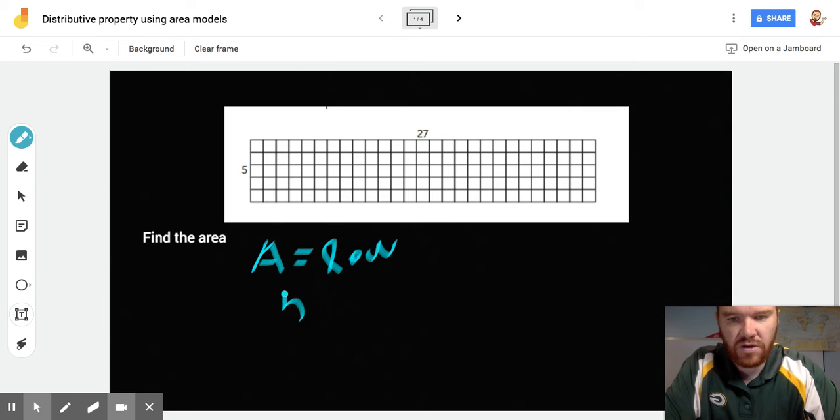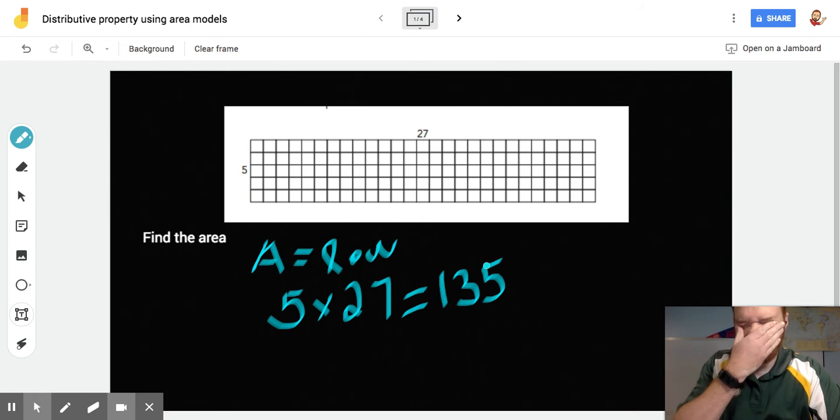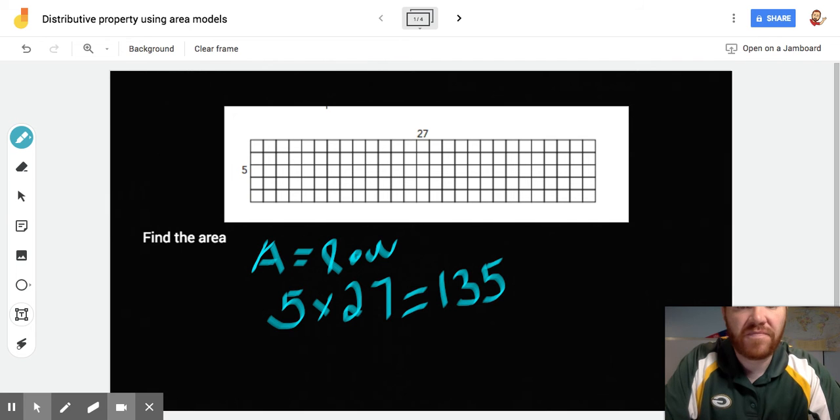And then we know that if we go ahead and do 5 times 27, that would end up giving us 135, okay? Okay, so 5 times 27 is 135.